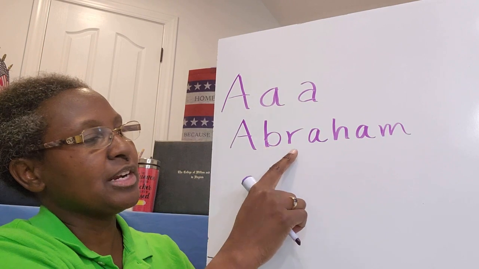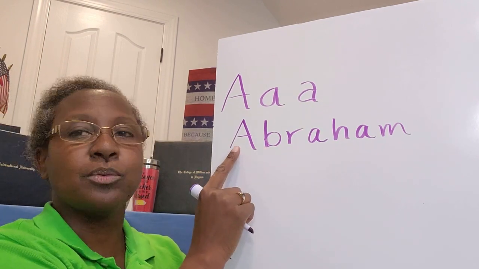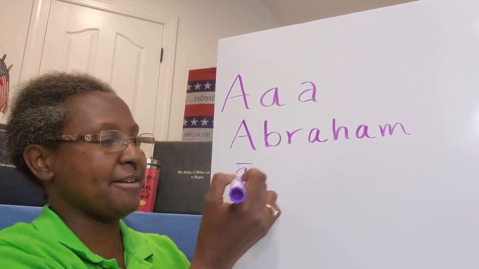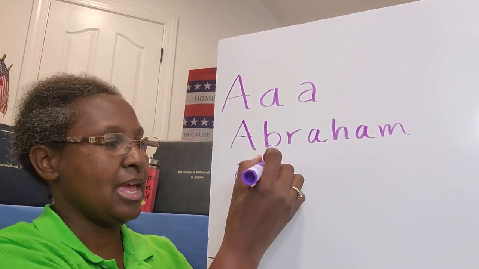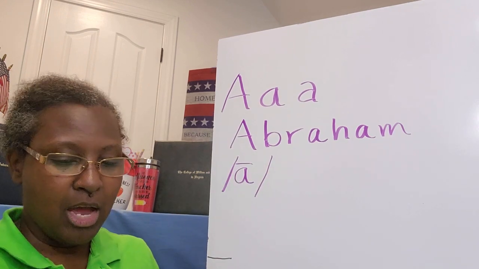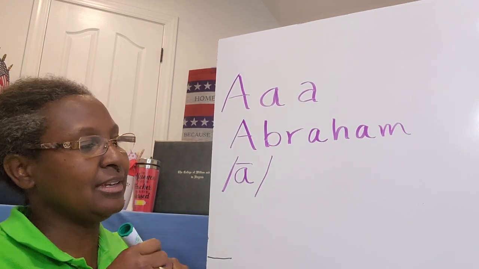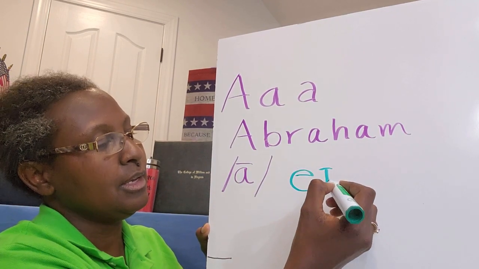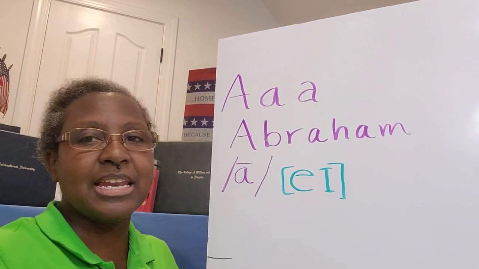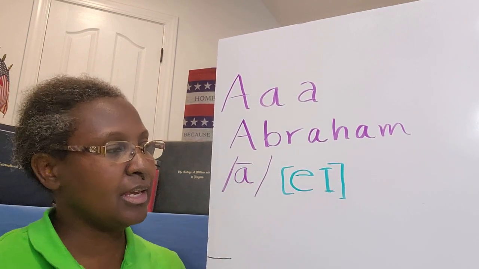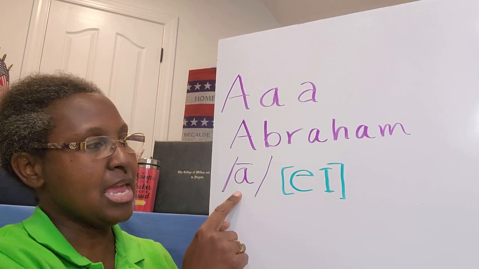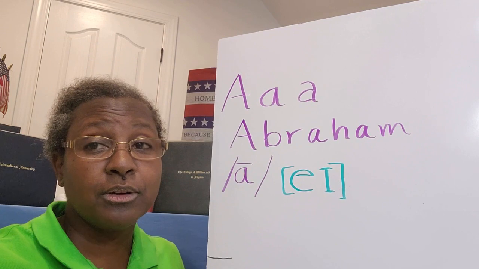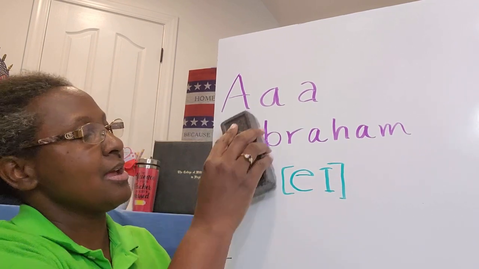You can look at each letter and how it's pronounced, but I'll start with the first letter, A. One way to express that phonetically is this way, A. Another way to express it phonetically is using the International Phonetic Alphabet, or IPA. Abraham. Let's look at another word with the letter A at the beginning.